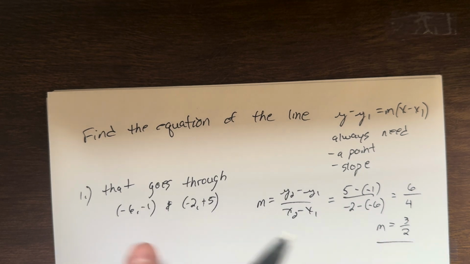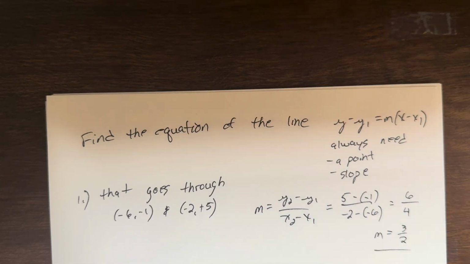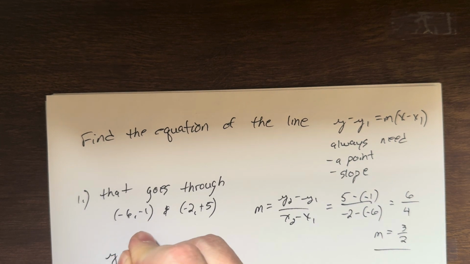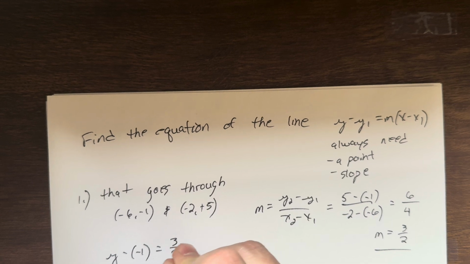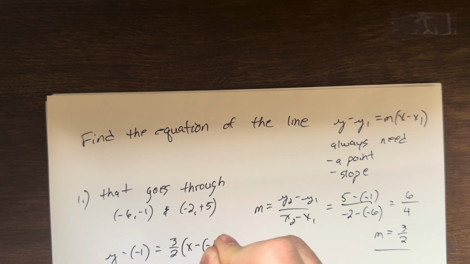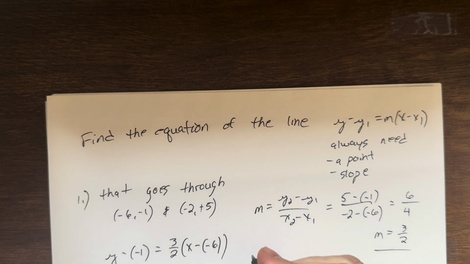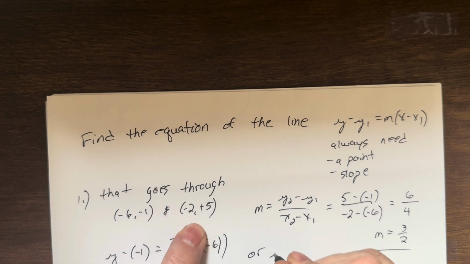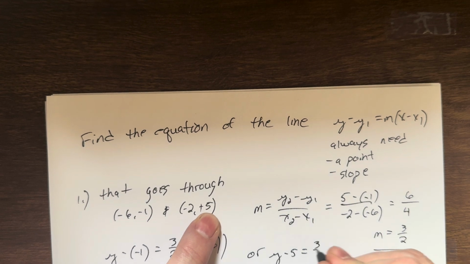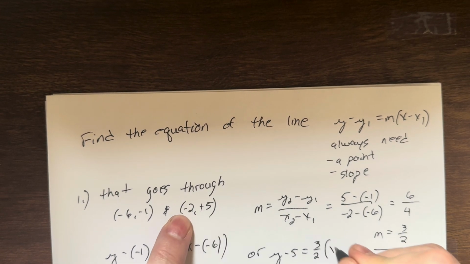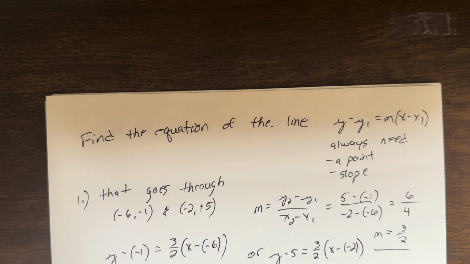If I use this slope and this point with this formula, I'll get y minus a -1 equals m times x minus the x coordinate of -6. Again, good answer. But if you used this point and this slope, you would have y minus the y coordinate 5 equals m 3/2 times x minus the x coordinate -2.